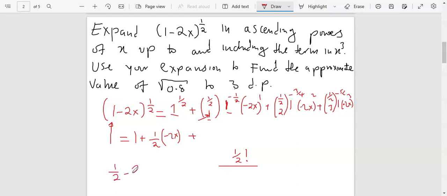Half minus 2, negative 3 over 2. We put a factorial. Oh, negative 3 over 2, isn't it? Okay, yeah, this is negative 3 over 2, meaning that even this one's supposed to be a 2. Anyway, it doesn't affect anything. So negative 3 over 2, and then whatsoever was down here, we'll write it again with a factorial. Now, half factorial means half, multiplied by the number that comes before half, like half minus 1. What is half minus 1?